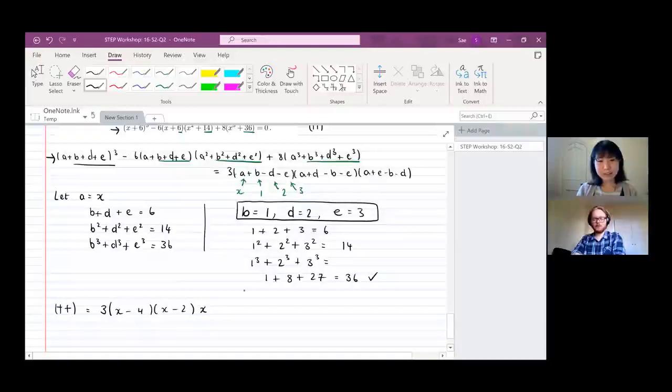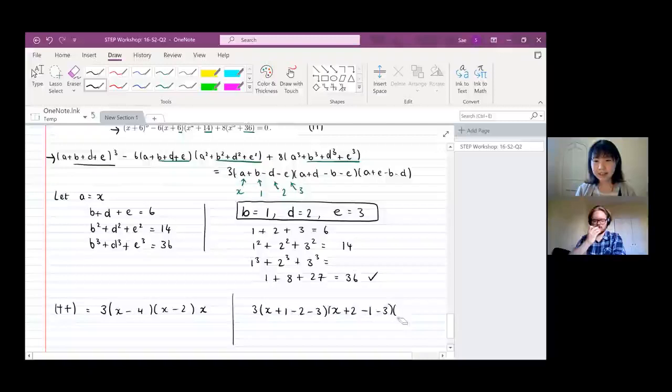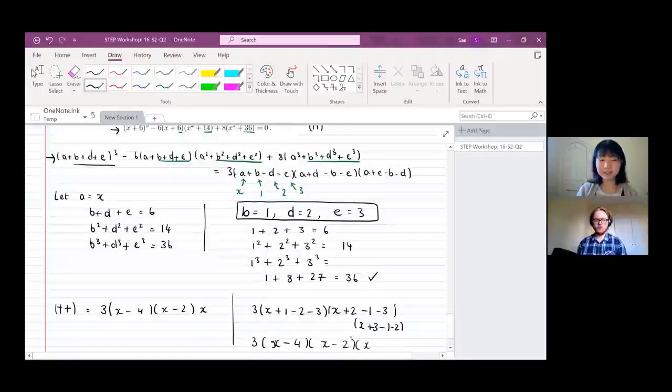We have, do this on the side, an x plus 1 minus 2 minus 3. And then we have an x plus 2 minus 1 minus 3. We have an x plus 3 minus 1 minus 2. x plus 1 minus 2 minus 3 is x minus 4, x plus 2 minus 1 minus 3 is x minus 2, and x plus 3 minus 1 minus 2 is x.